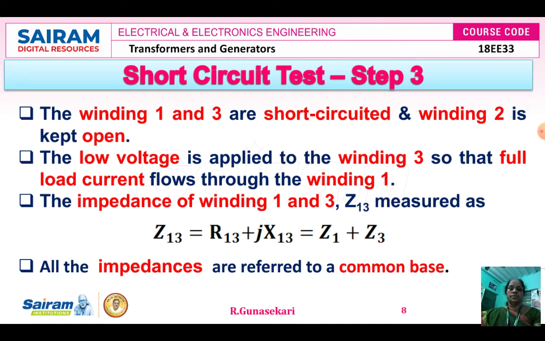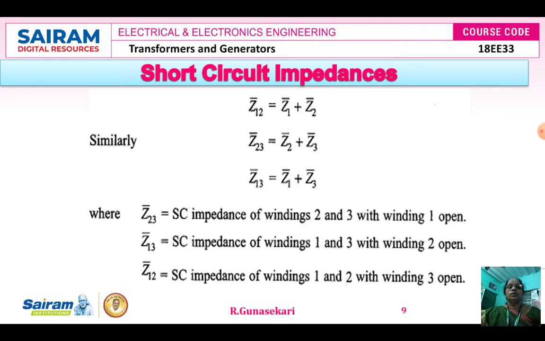All the impedances, that is Z12, Z13, Z23 of the three winding transformer, are referred to a common base. Then how to calculate the short circuit impedances: Z12 vector is equal to Z1 vector plus Z2 vector. The vector means that Z1 consists of both magnitude and phase.